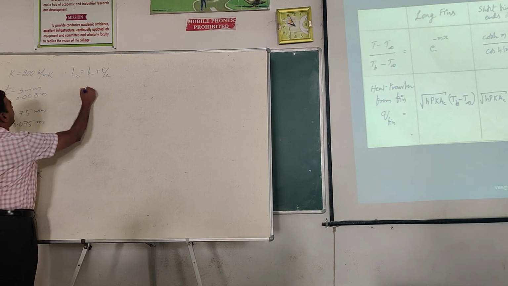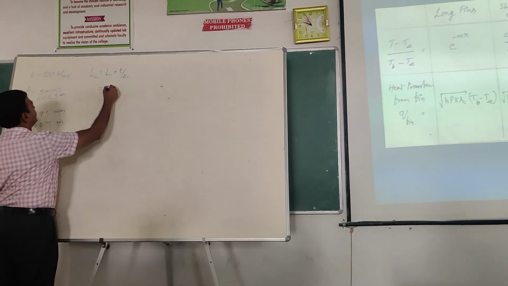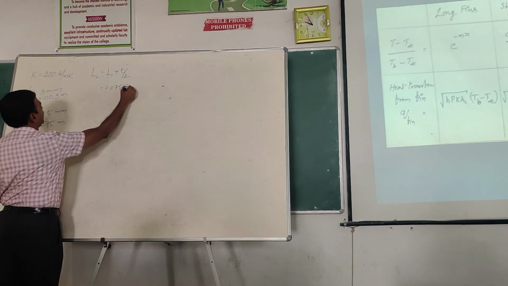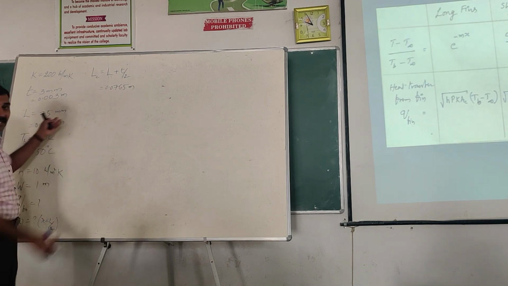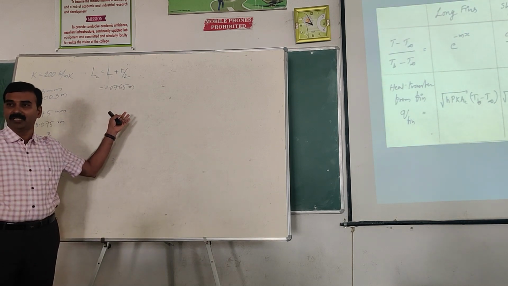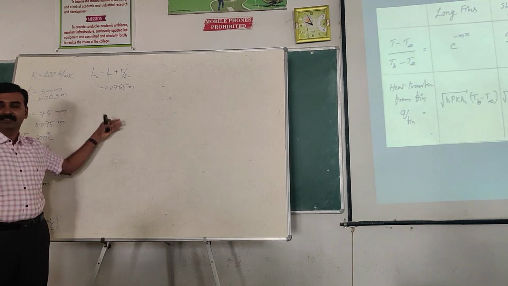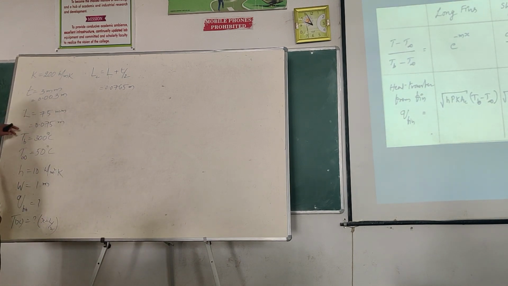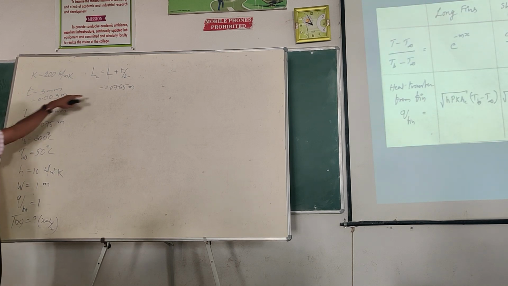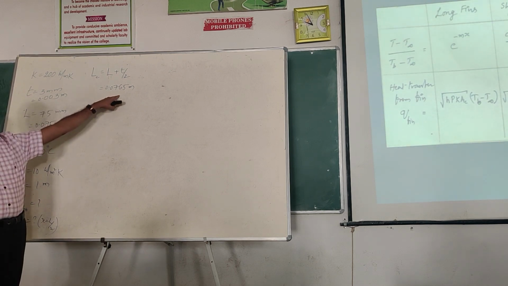It becomes 0.0765 m. Please correct me whenever I go wrong in calculations. It's quite possible. Don't assume whatever I write is correct. Please keep correcting. So 75 plus 1.5, 76.5 mm. I have to put it in meters.